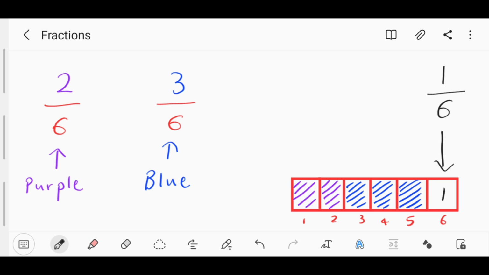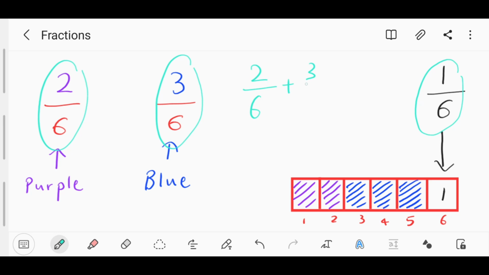So an interesting fact, if we go ahead and add all these three fractions, 2 over 6 plus 3 over 6 plus 1 over 6. If we go ahead and do that, that would basically mean this entire thing. So when we add fractions, our denominator stays the same. So that would not change and it would be 6.